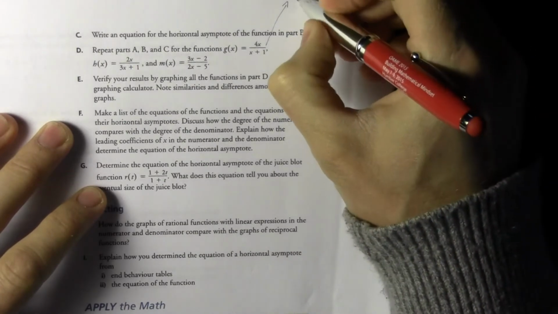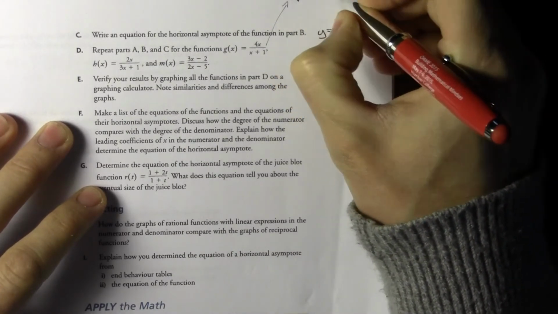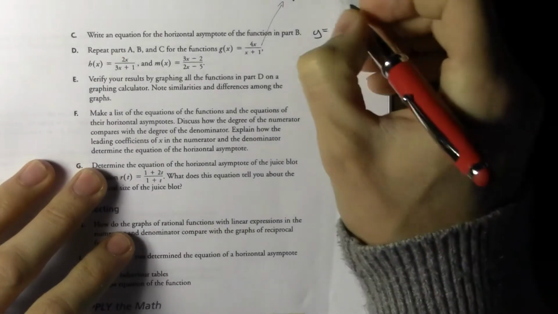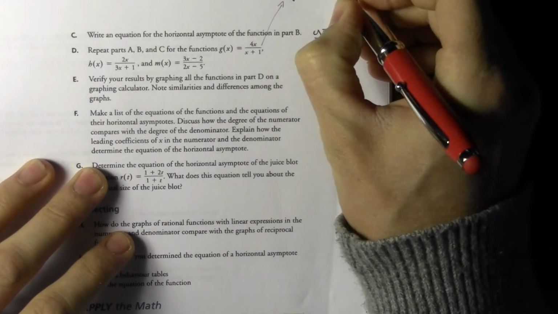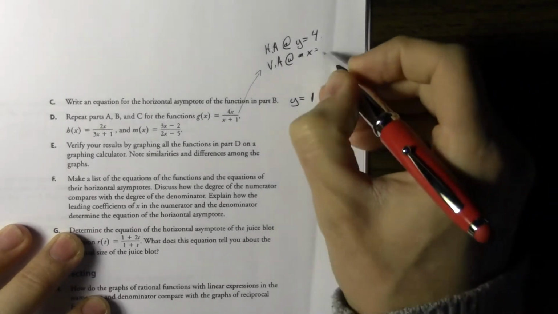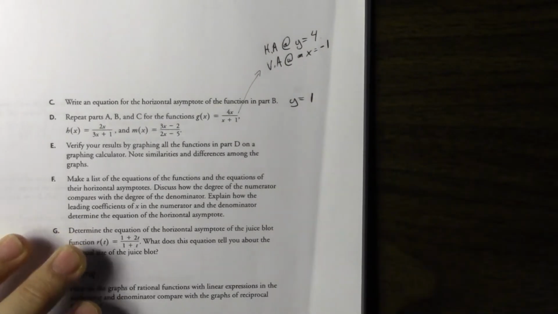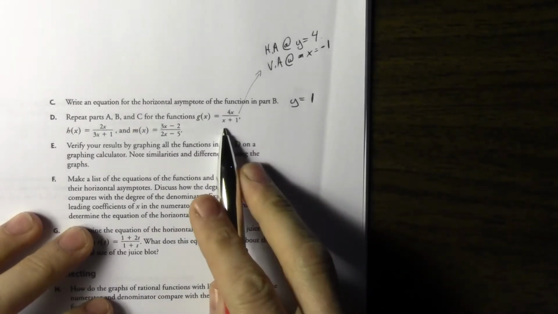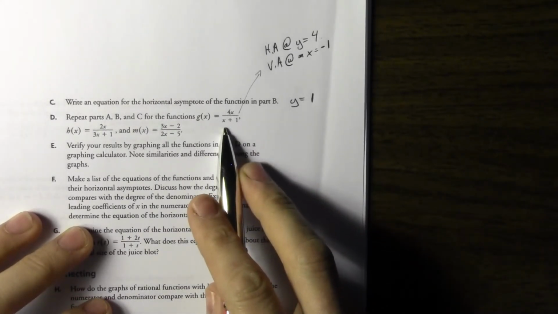There's a vertical asymptote at x equals -1. Anything else we know right away? We know our domain cannot equal -1. That's that same condition as the last problem.